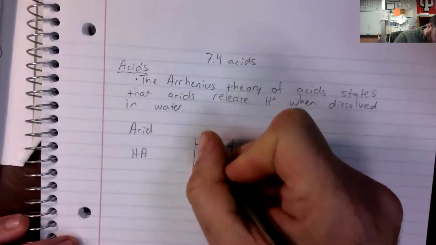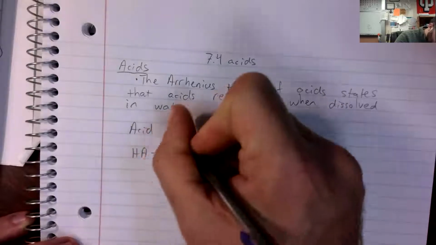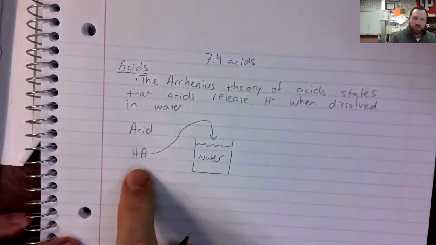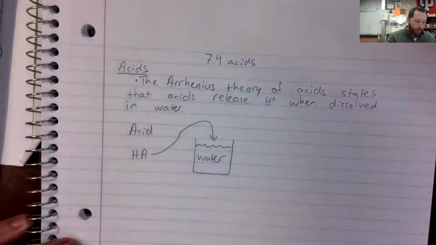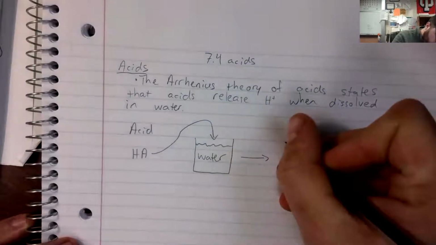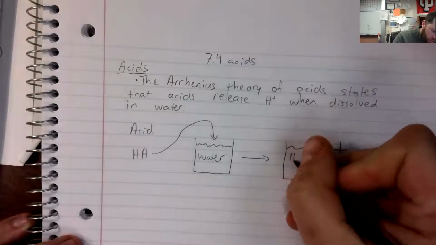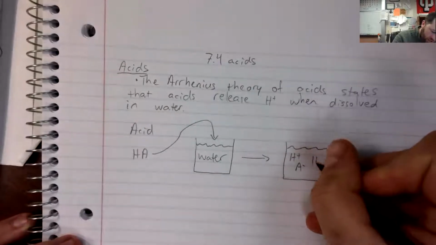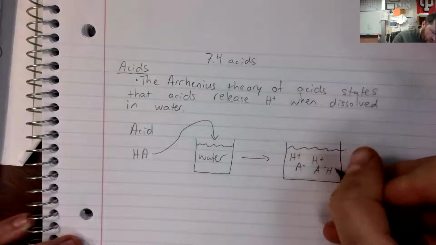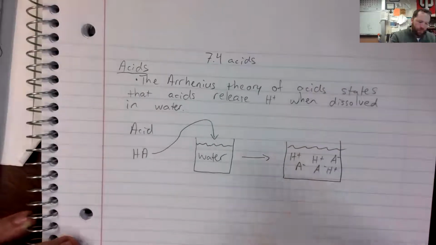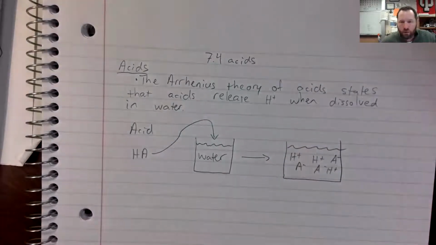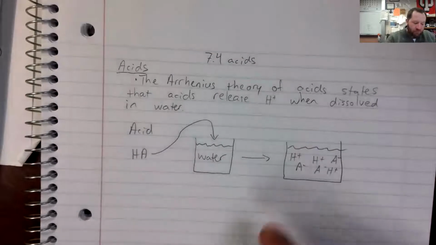We'll take a look at some of them in just a minute. But the idea is when you take this compound and put it into water, it dissolves. And what that looks like is that these H pluses come off the A negative. Your positive and negative parts break apart.